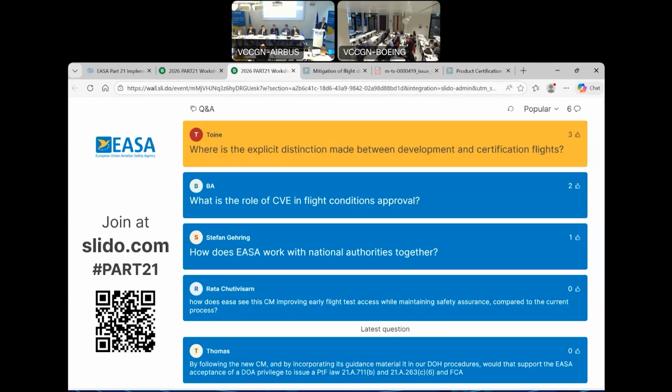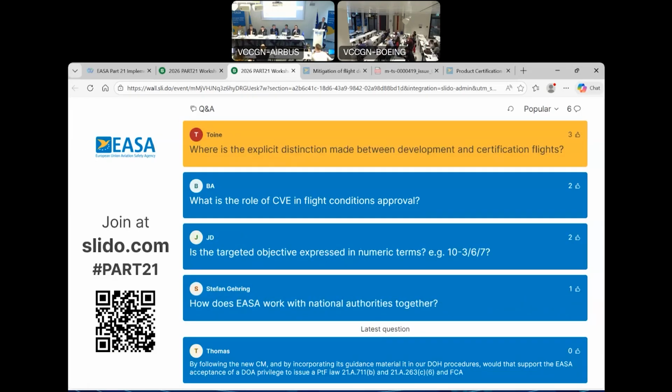So next question is, where is the explicit distinction made between development and certification flights? Well, the degree of substantiation that you need to establish in order to enter into certification flights will be much higher. You need to have an aircraft which is close to the final design in order to claim that these flights are suitable for the compliance demonstration.